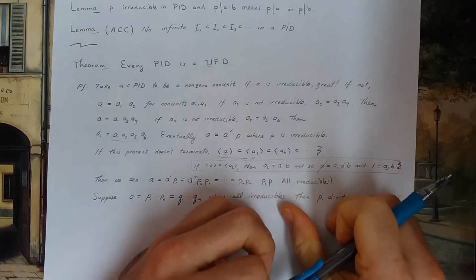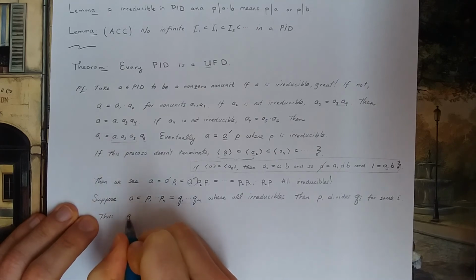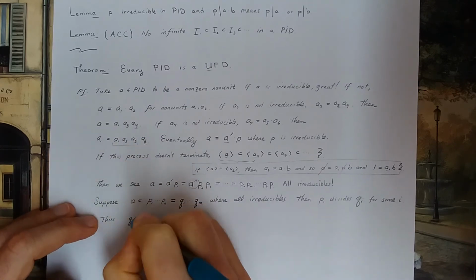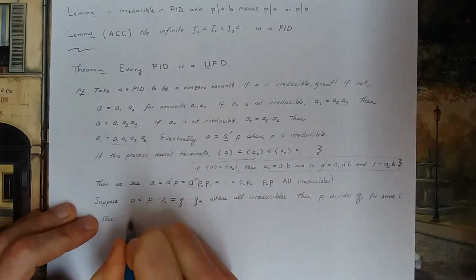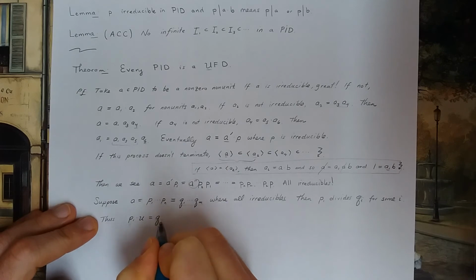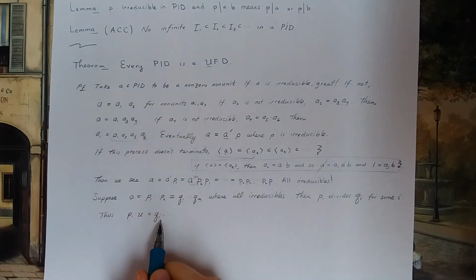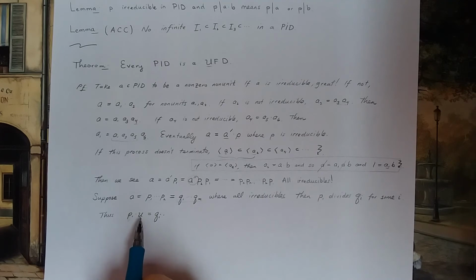Now what that means is that P1 times some U has to equal Qi. That's the definition of divides. But Qi is an irreducible, meaning that U has to be a unit.